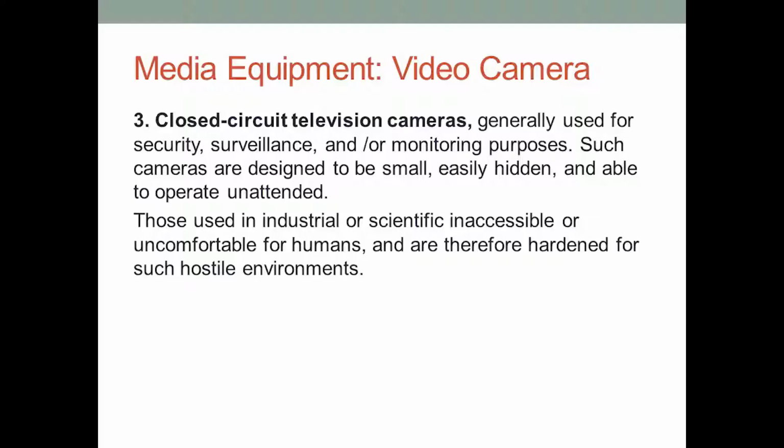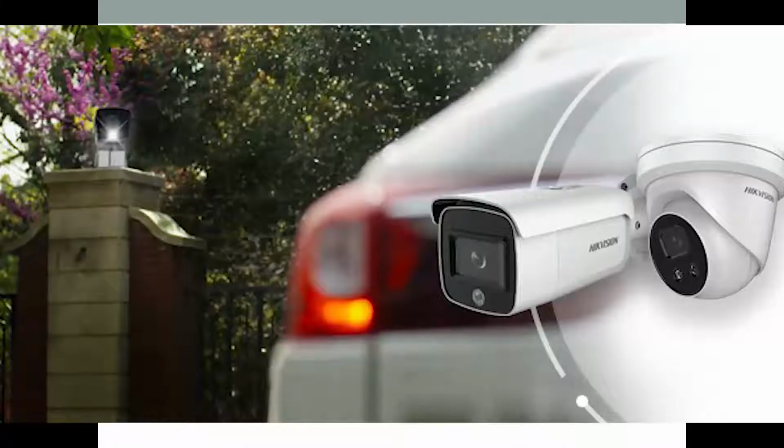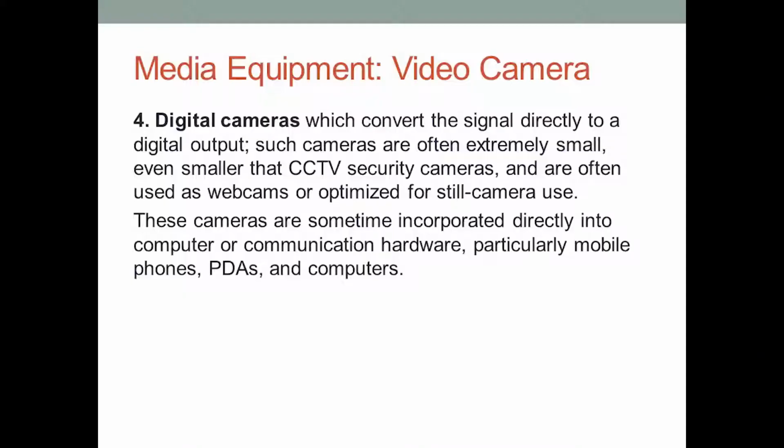Closed-circuit television cameras are generally used for security, surveillance, and/or monitoring purposes. Such cameras are designed to be small, easily hidden, and able to operate unattended. Then there are digital cameras, which convert the signal directly to a digital output.